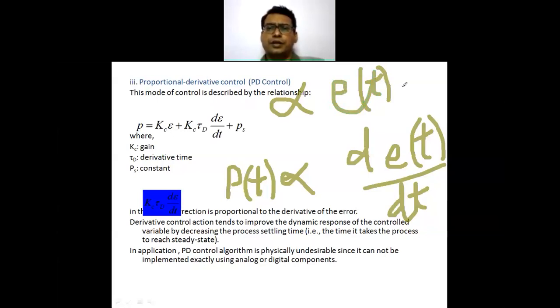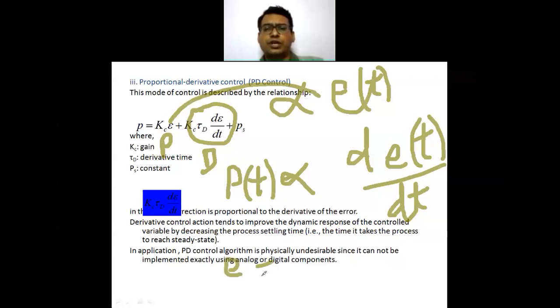The error et. So output pressure is directly proportional to the error, and the output pressure is directly proportional to the differential of the error. So integrating this, you will get the Kc tau d dE upon dt. So this is your derivative part and this is your proportional part, which is directly proportional to the E. E and epsilon are the one and the same thing.